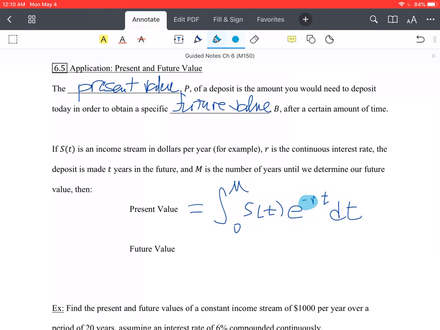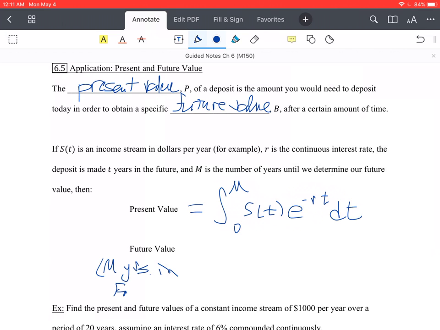So why is this negative? Well, negative is going to shrink the value. It's going to make it fractional, which means that we're taking the full amount we would have after M years, and then we're backtracking to see how much we would need to put in today in order to get that amount out.